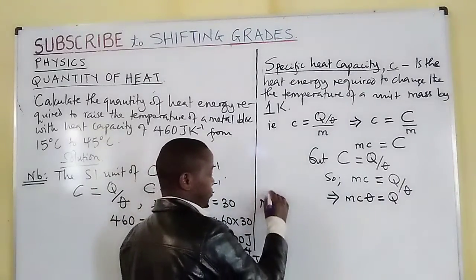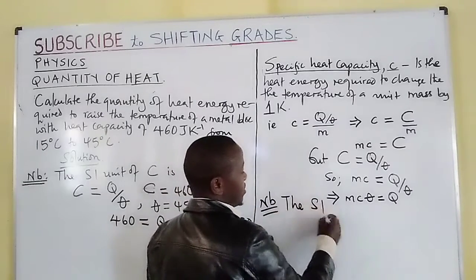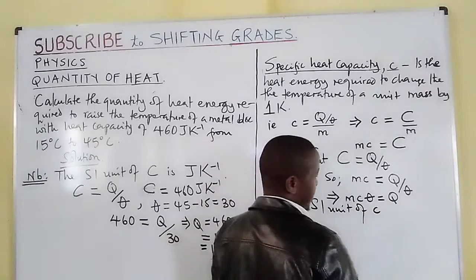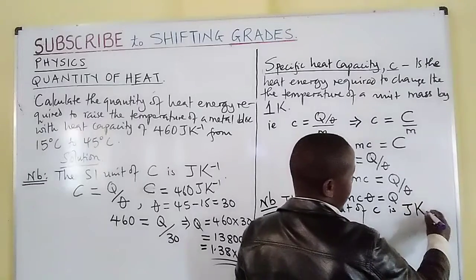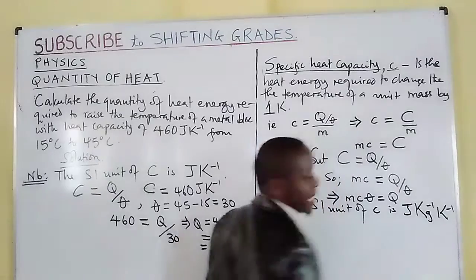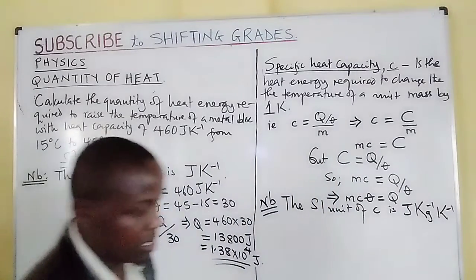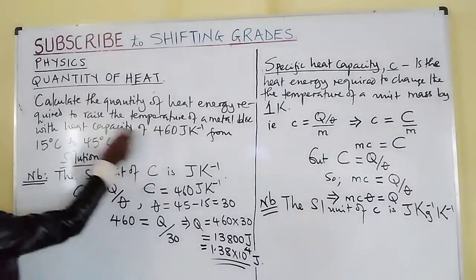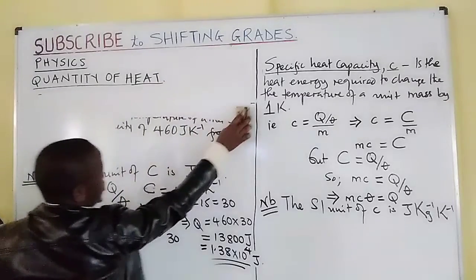Note, the SI unit of specific heat capacity is joules per kilogram per Kelvin, because it is specific heat capacity.